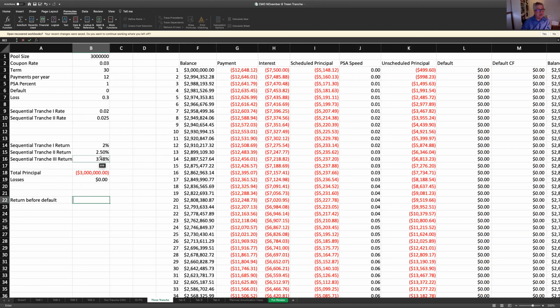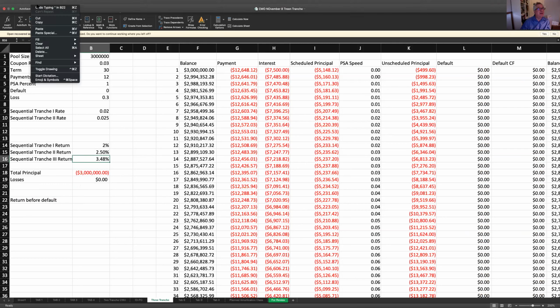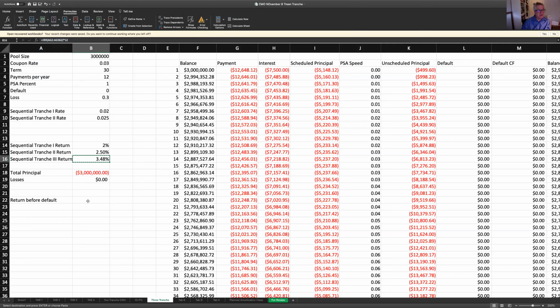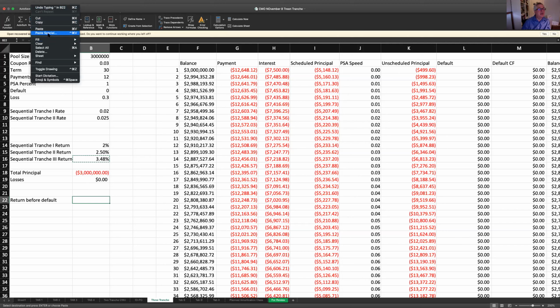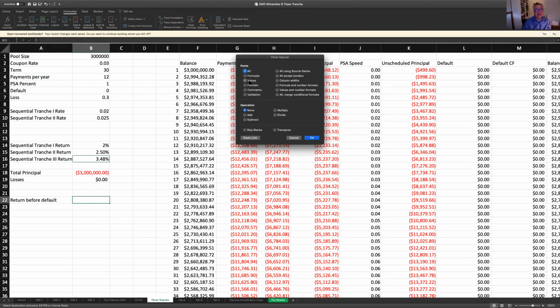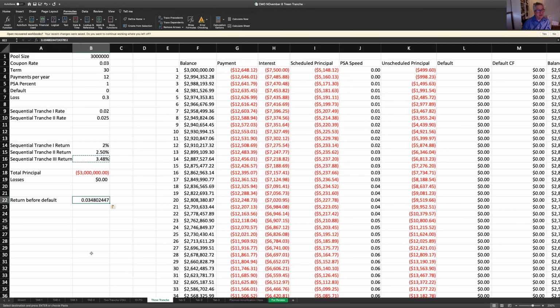And actually, I'm not going to do that. What I'm going to do is copy and paste that value in there so it doesn't change.